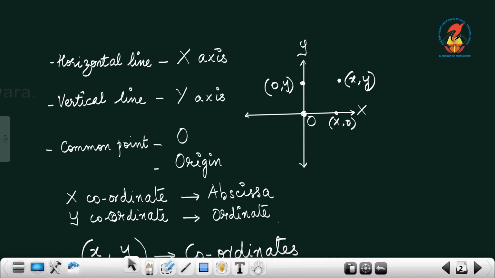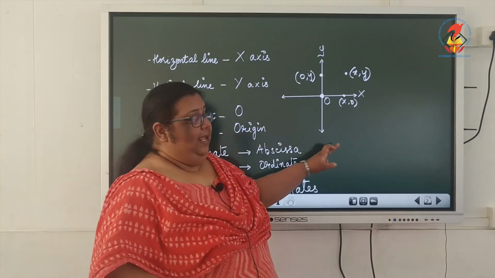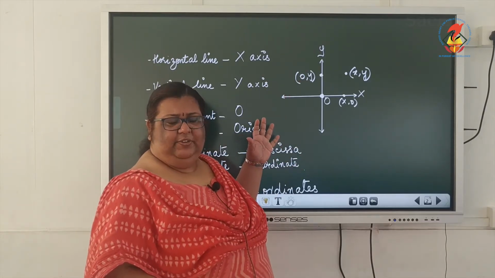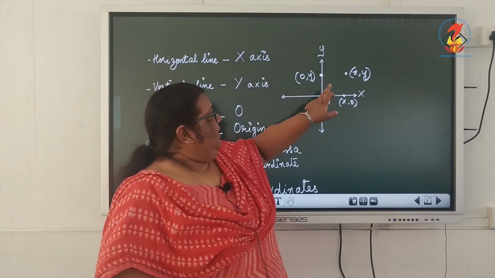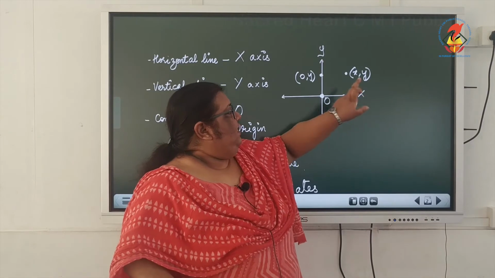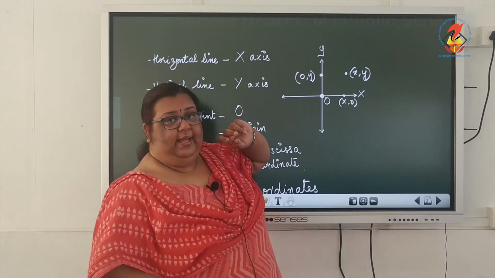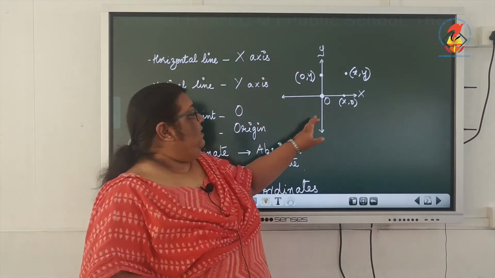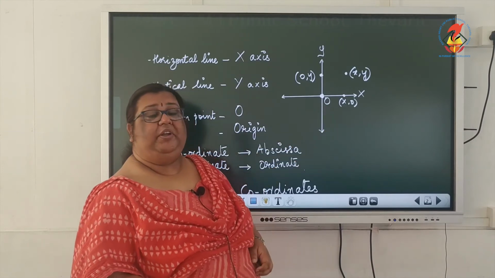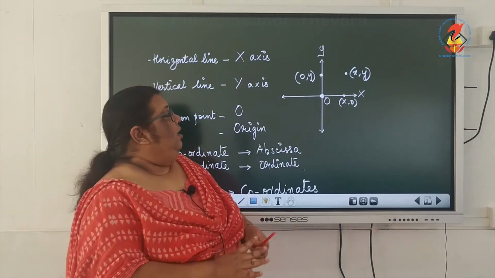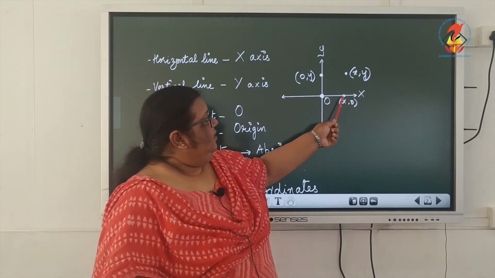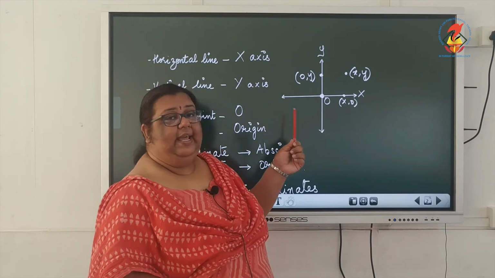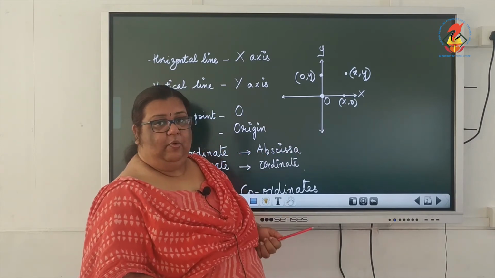So, what did we learn till now? On a plane. What is meant by a plane? Any flat surface is known as a plane. On a plane, I have drawn two perpendicular lines. The name for one is x-axis, the other is y-axis. The x-axis and y-axis meet at a common point known as the origin. Now the distance from the y-axis we can write as x, and we can call it the x-coordinate.